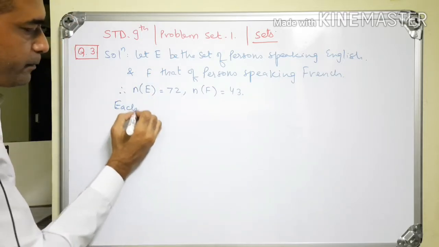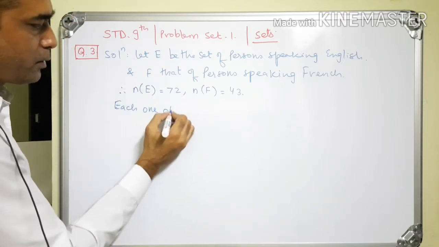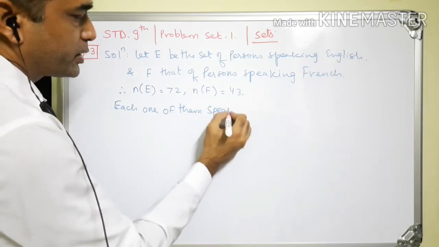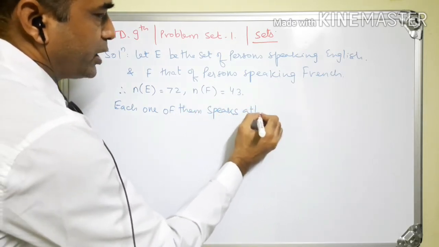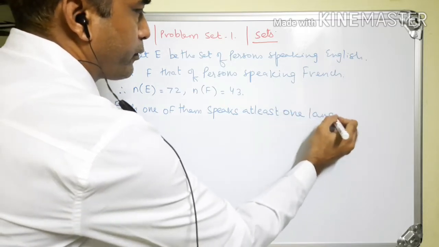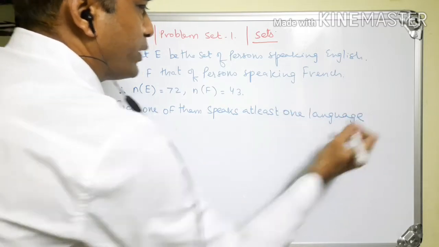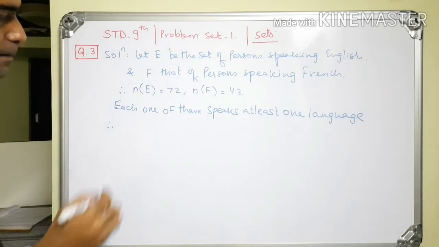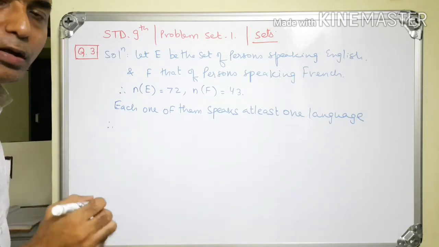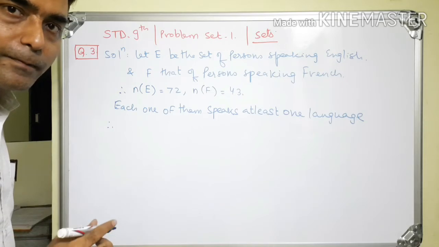Each one of them speaks at least one language. Therefore, the set of all these persons will be represented by which set?